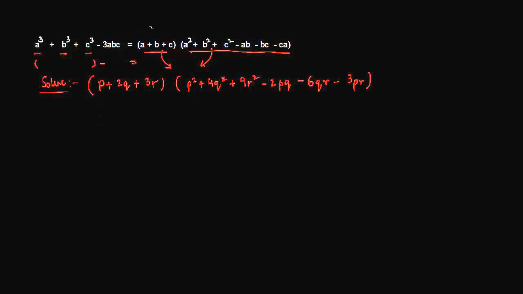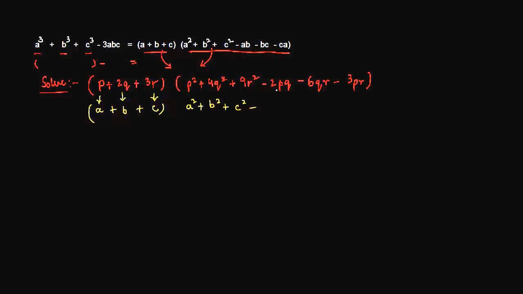But on a simple comparison, if you equate these three numbers with A, B and C, what we notice is that this equation is in the form of A equal to P, so A square is P square, plus 4Q square, since 2Q whole square is 4Q square, so B square. Plus 9R square, obviously the square of 3R, C square.